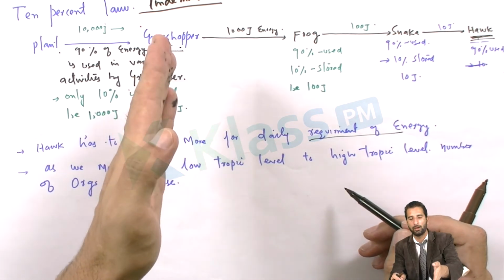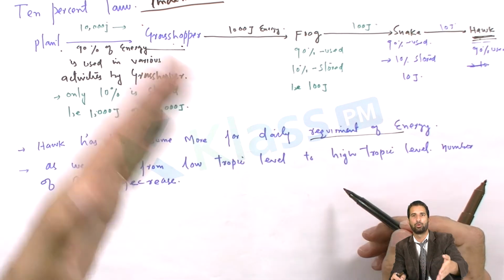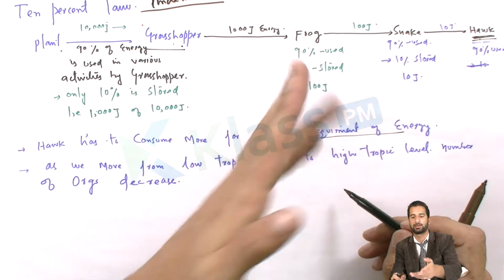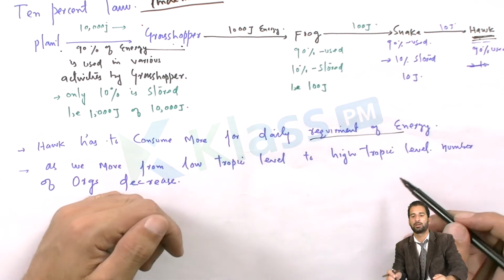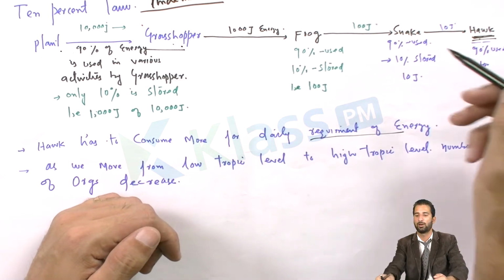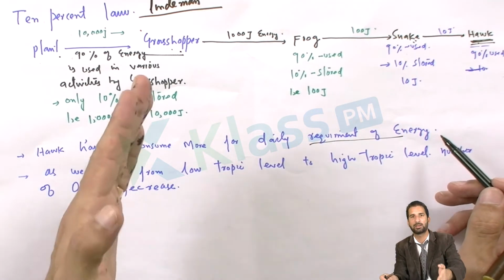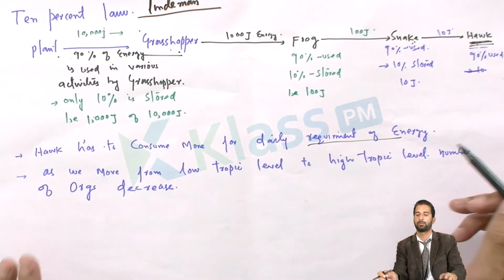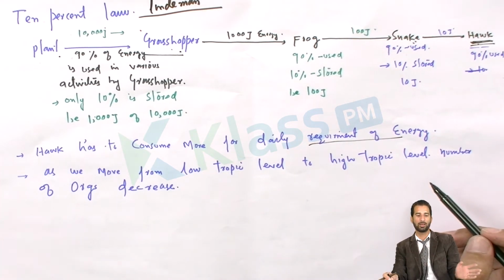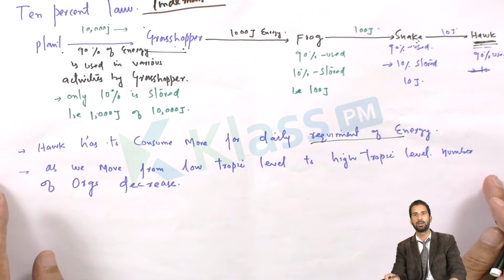Between grasshopper and frog, the number of grasshoppers would be more and the number of frogs less. Between frog and snake, the number of frogs would be more, the number of snakes less. Between snake and hawk, the number of snakes would be high and the number of hawks would be less. So as we move from a low trophic level to a high trophic level, the number decreases.